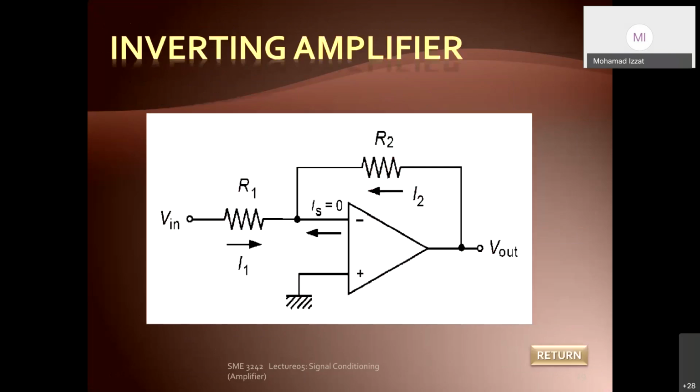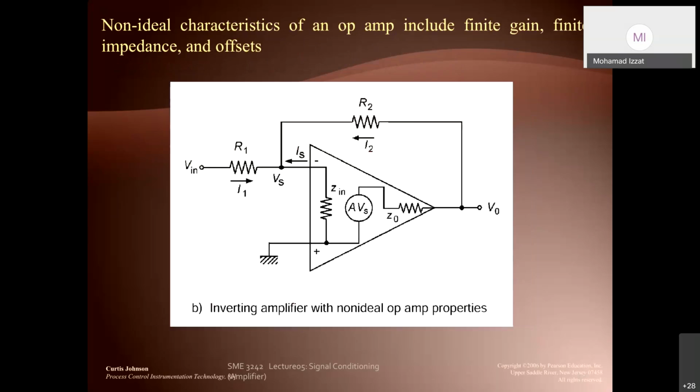So now there are some formulas for you to follow through. Here you have V in, here you have R1, and the arrow below is the current, flowing into the circuit. The current from the junction of R1 and R2, at the meeting point, with one line going to the negative side, is 0 there, because Z in here is set to be very, very high.